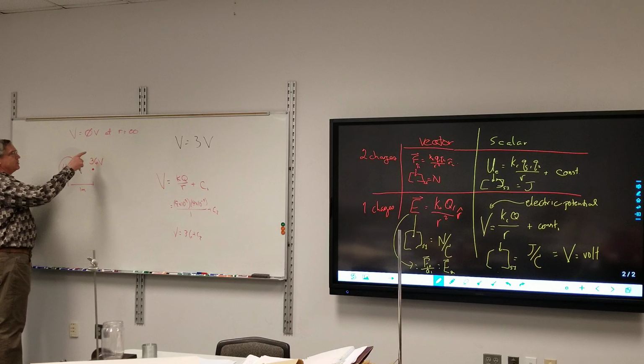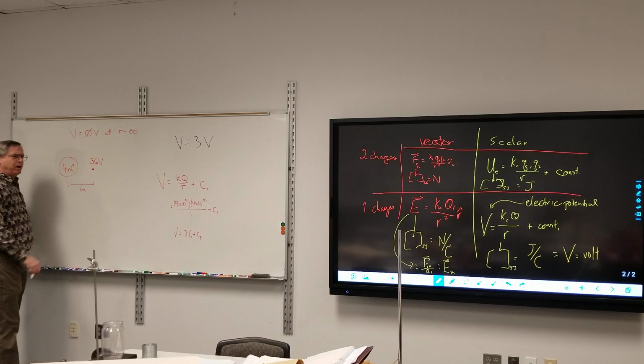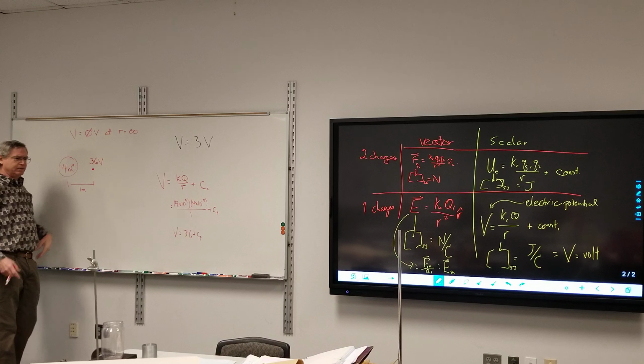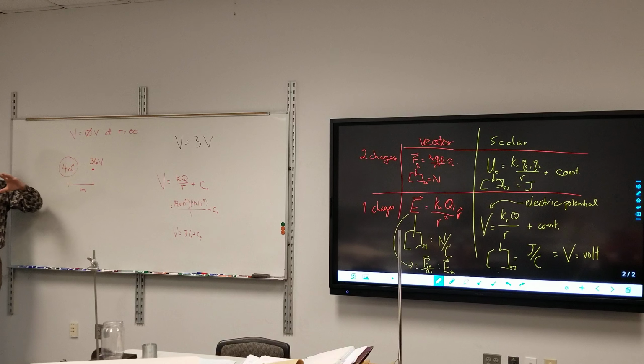There was a problem years ago where I set up the problem and gave spherical symmetry to the distribution of charge, so that you could assume the charge was a point charge at the middle of the sphere. And I made the comment that the potential at the surface is, and I made up some number, volts.